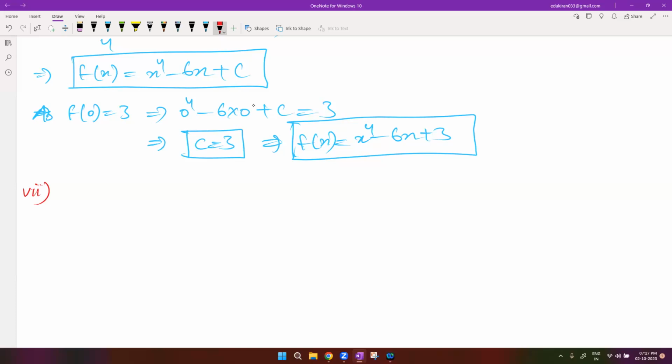Give me a minute. Oh, it's been done in this exercise. No, it is not. Only done in the first question. Okay. So let's leave question number 6 for now.